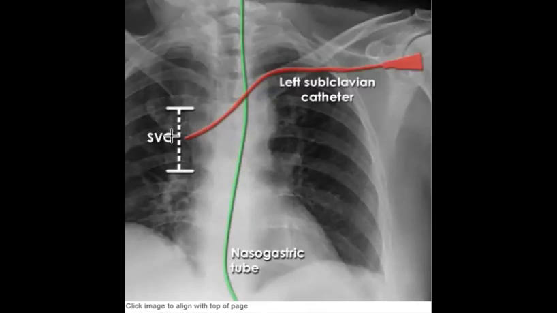Maybe it is in the area of the superior vena cava, but the position is horizontal, not vertical. It should be vertical, not horizontal. When it is horizontal, it may cause erosion or injury with long-term use. So it should be in vertical orientation. Yes, exactly. So when you insert it, it should be in the good orientation. And you can note that the nasogastric tube is going well, but again, you cannot trace it.